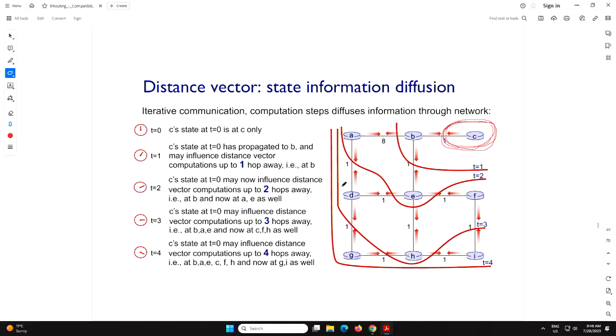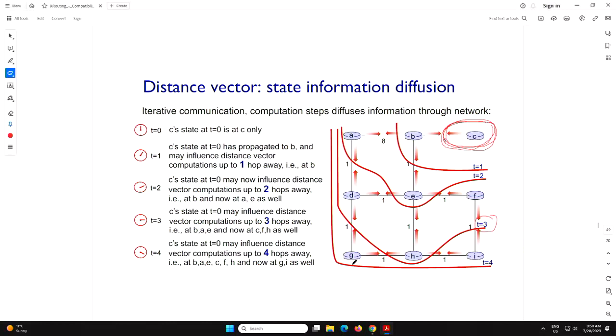So you can see H and D are 3 hops away from C, so that's why it takes the 3rd iteration to reach there. And at the 4th iteration, all of the nodes in the network will be influenced by C's original routing table. So you can see it's not flooding. Flooding is instant. If you want to send information to all the other nodes, it's just microseconds, maximum milliseconds of delay, and then it reaches everyone.